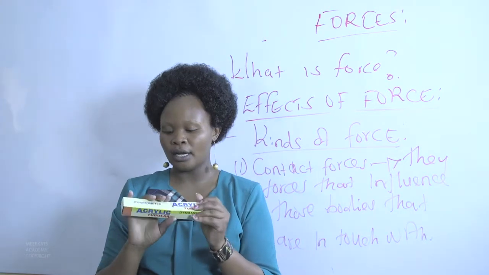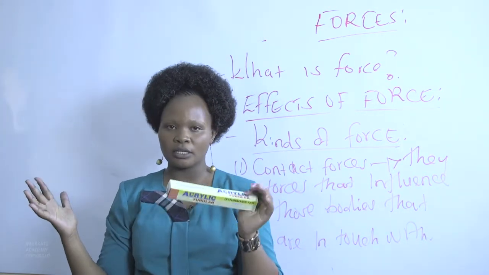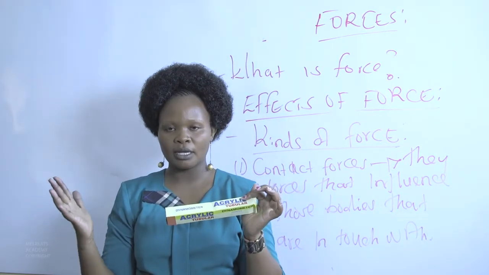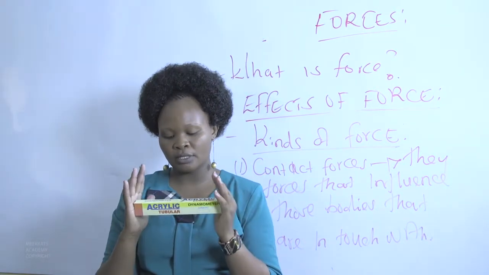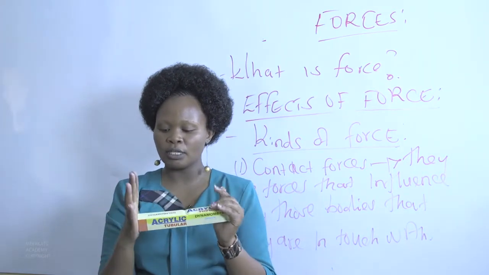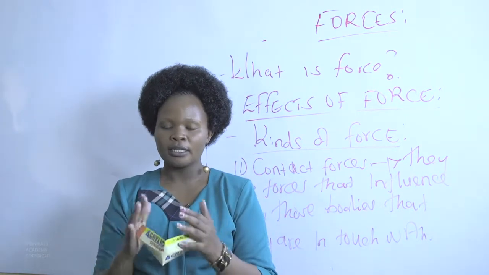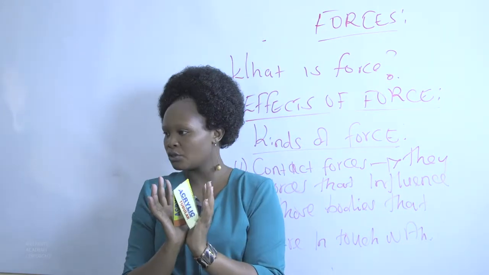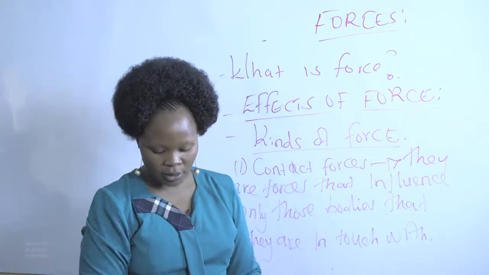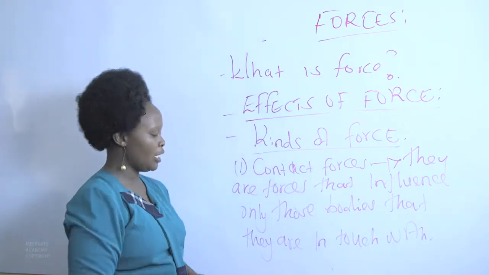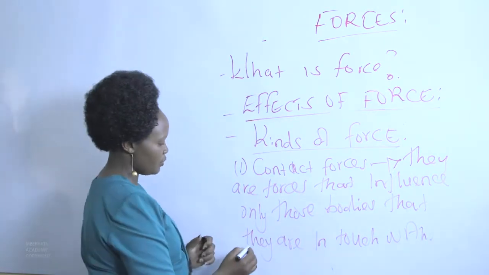Suppose our hand is not in contact with the box. How then can we apply the force to distort the box? It means it has to come into contact with your hand, and then you apply the force that will distort your box. That one is an example of what we call a contact force.